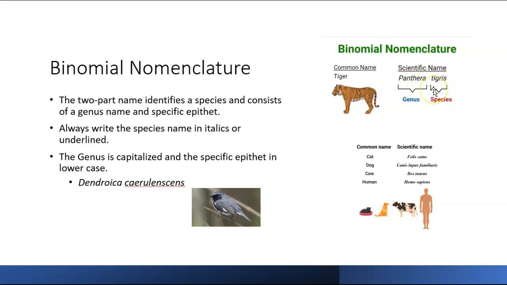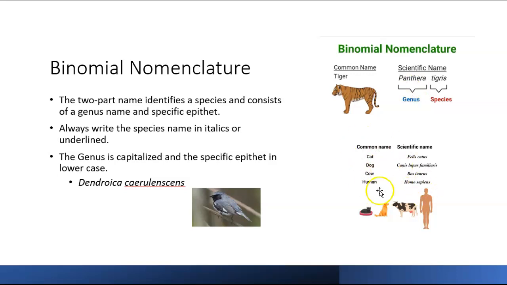Like we talked about in our last lesson, not only does that eliminate confusion, but it also tells us something about this species. Tigris is the specific epithet, but we also have the genus Panthera, and we can look at other species in this same genus, and we know that they are more closely related. We're going to talk a little more about that in a later slide.